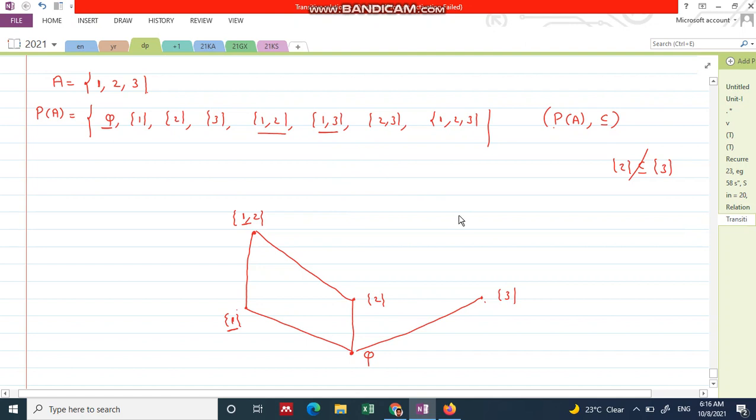Suppose I write {1, 3} here. You see that 1 is in relation with this because 1 is a member of this set, and 3 is also a member of this set. But 2 is not a member of this, so do not join this 2 with this.